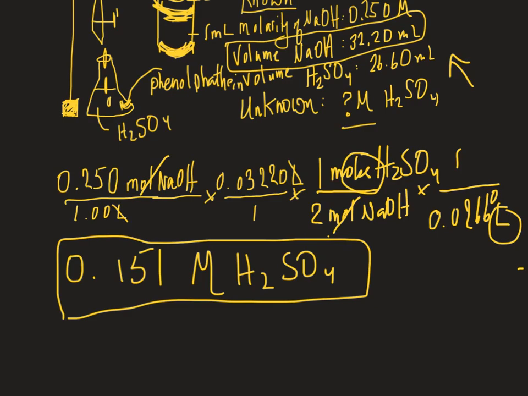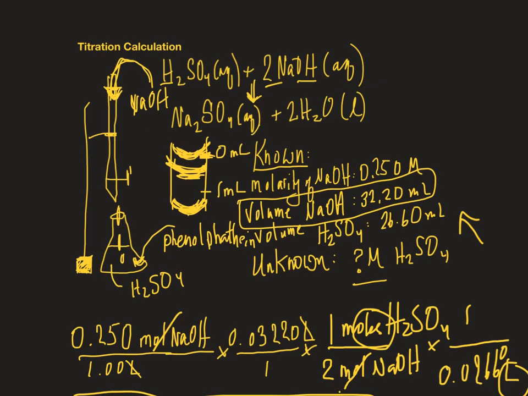So in summary, our steps are: number 1, either read or write the balanced chemical equation for the titration that is happening. 2, understand which of our 2 solutions is the standard and which is the unknown concentration. 3, look at the data.